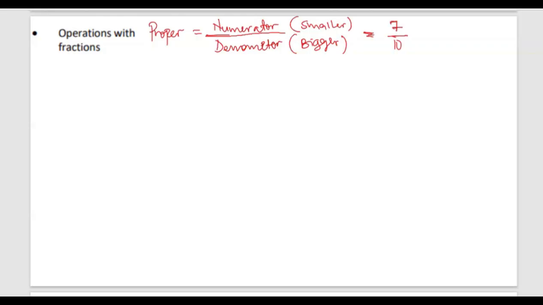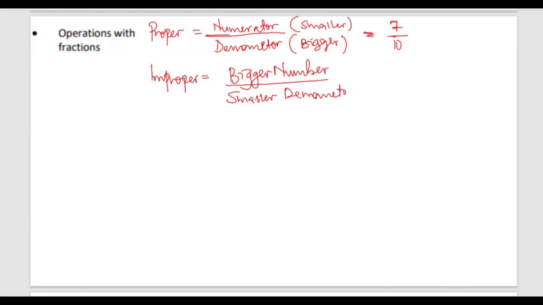So then we have what we call the improper. The improper, we shall say, we have a big numerator and a smaller denominator. Example here, we could have a 7 over 3. This is improper.